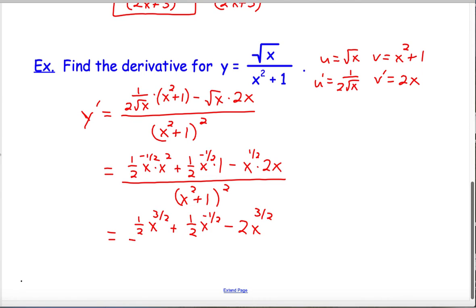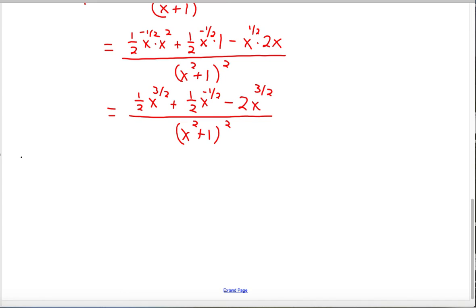So I have some like terms there I can combine, all over x squared plus 1 quantity squared. So I have 1/2 x to the 3/2 minus 2 x to the 3/2. That's going to give me negative 3/2 x to the 3/2 power, and then plus 1/2 x to the negative 1/2 power, all over x squared plus 1.